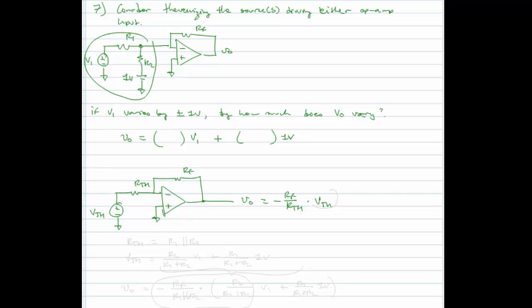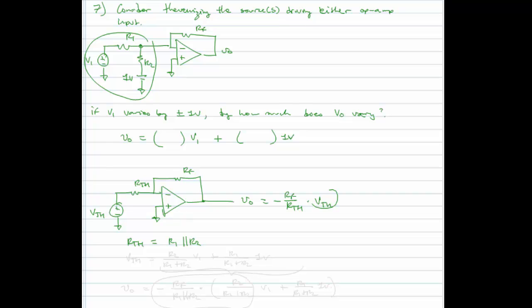Now I don't know what V Thev is. V Thev is going to be some weighted combination of V1 and the 1 volt. But I can immediately find what the Thevenin resistance is, because if I just turn off both of my sources and look in, I see that R1 is in parallel with R2. Right?